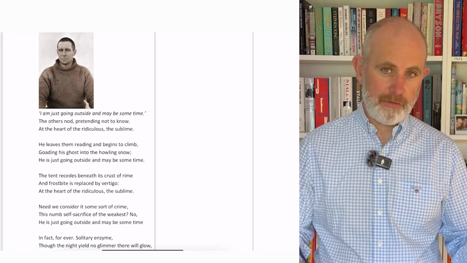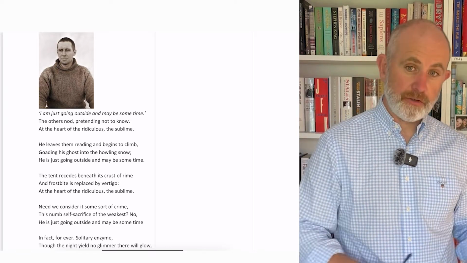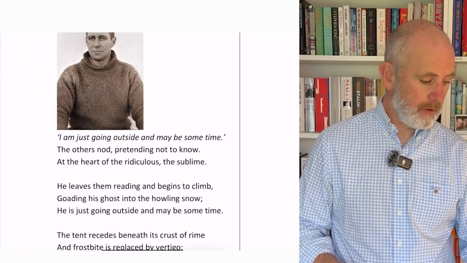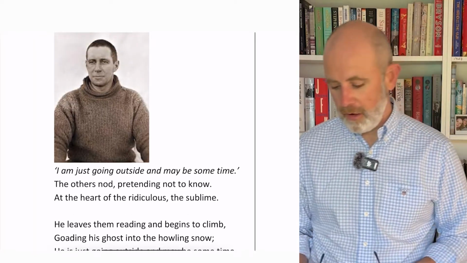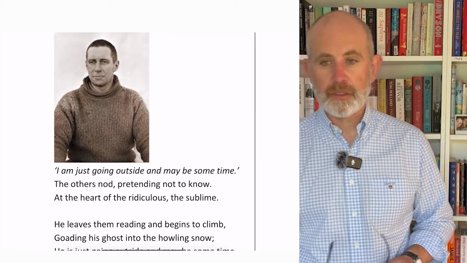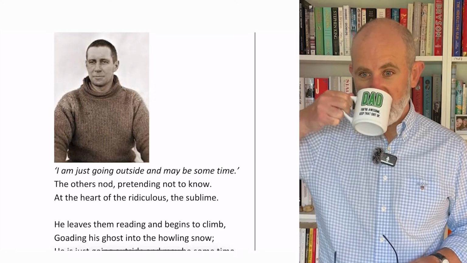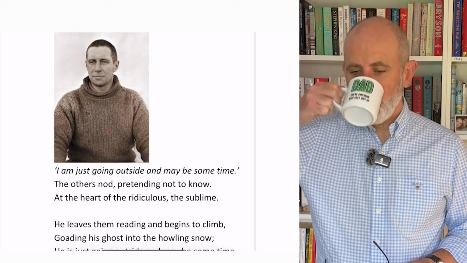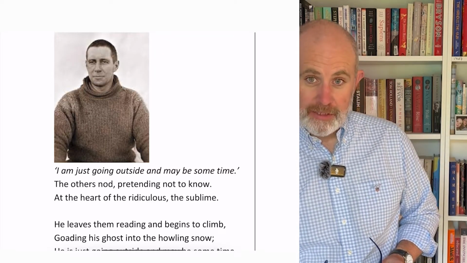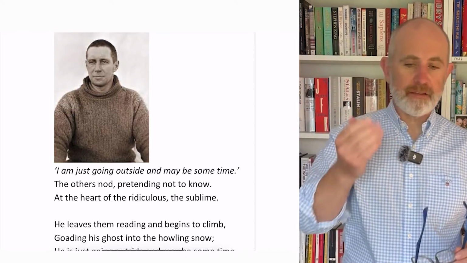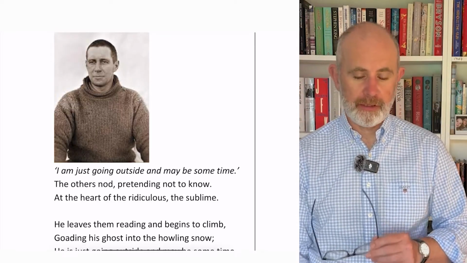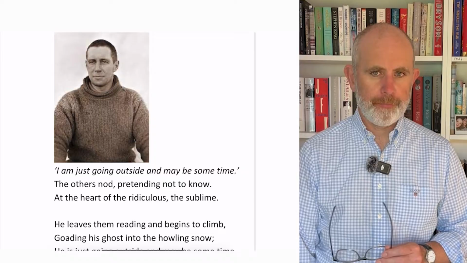Okay, so let's have a talk. The man in the picture is called Lawrence Oates, and he was a member of the famous Scott expedition to the South Pole, which resulted in disaster and the death of the members of the expedition in 1912. It's in your notes.